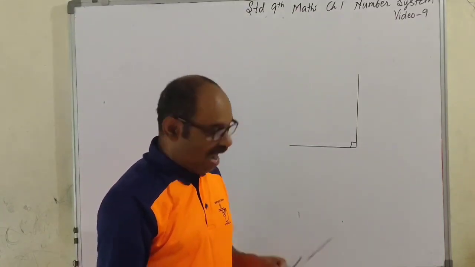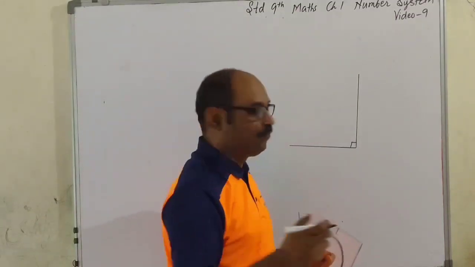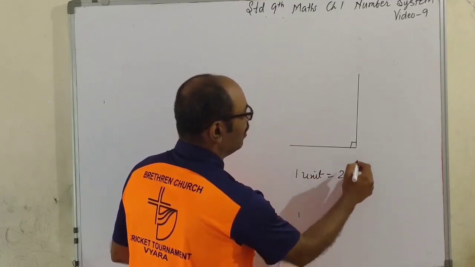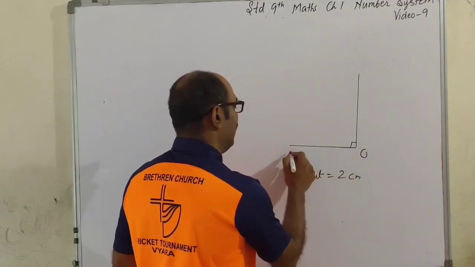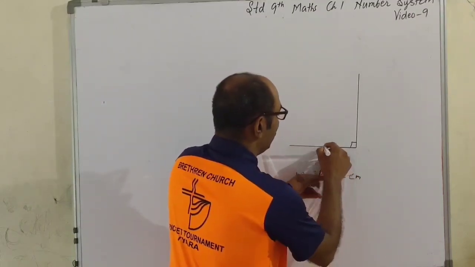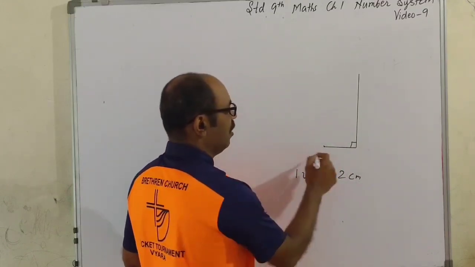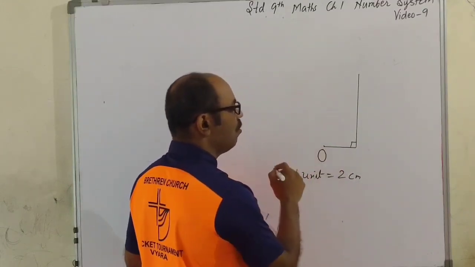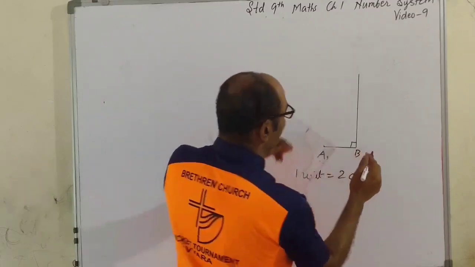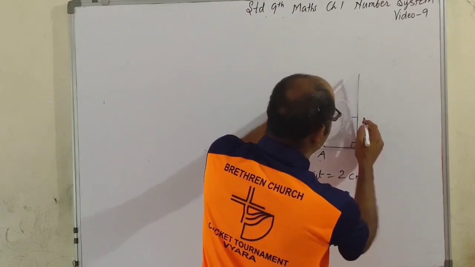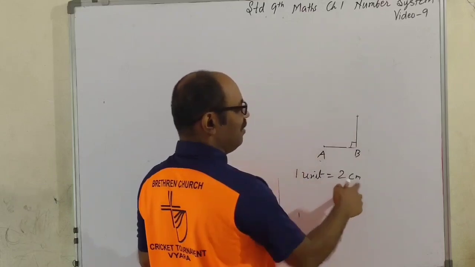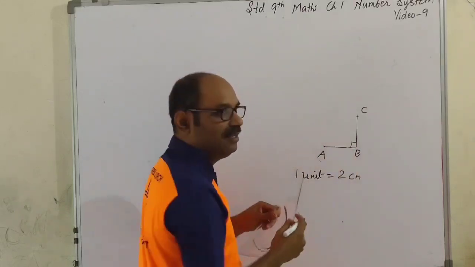All right, then I take that one unit with the help of a ruler. One unit is equal to 2 centimeter. Yes children, this 1 unit, this part you remove, call this O, or you may start with A. This is B. Here also you have to take 1 unit only. This is 1 unit. You can take that 2 centimeter with a ruler, and this is C.